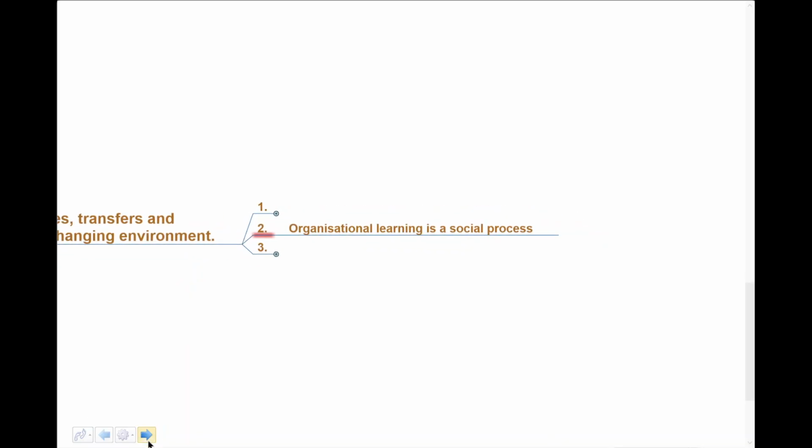Well, certainly, one aspect of organizational learning is the interaction between individuals. For example, between directors and managers, between managers and lower level staff. Higher end individuals will have knowledge. They will share this knowledge. So that interaction between staff is a form of learning for lower levels of staff.